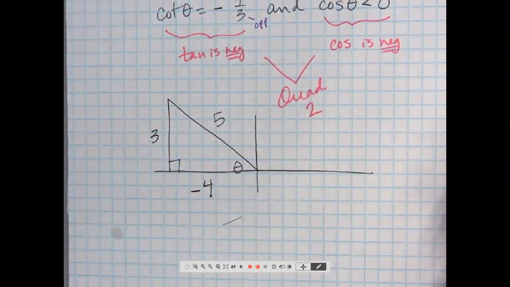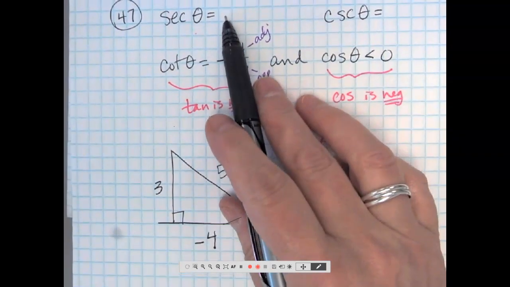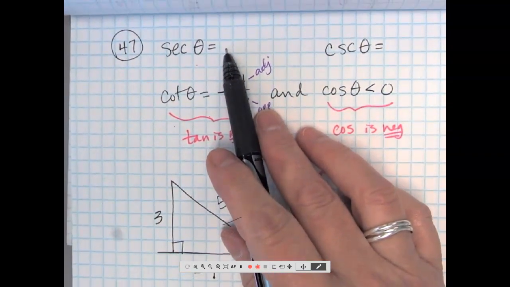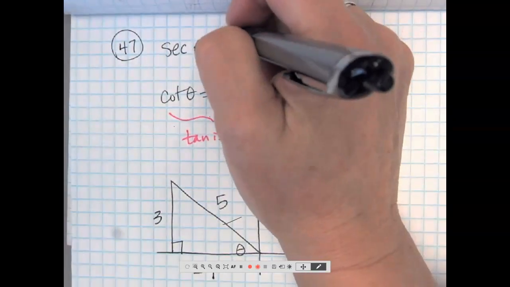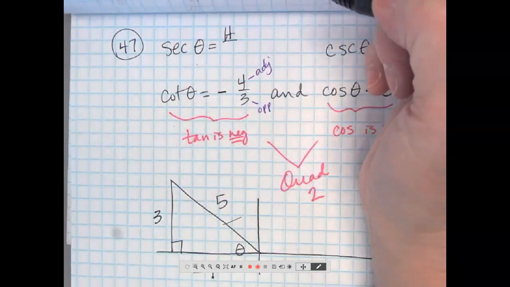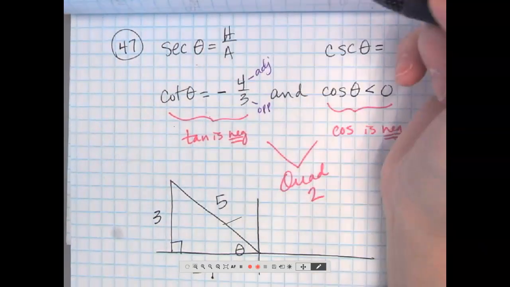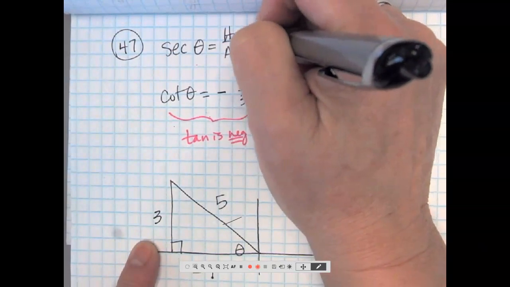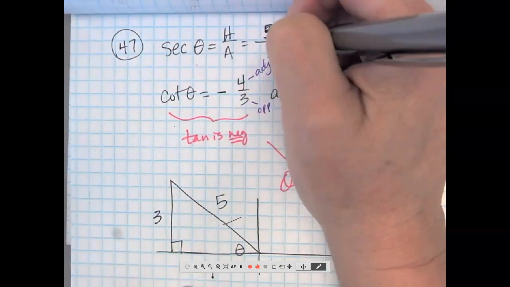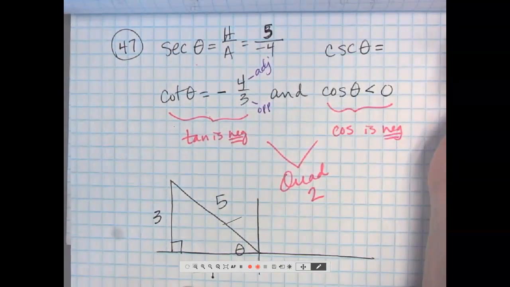3, 4, 5. Okay, now I want to find secant. Secant is whatever what? Look on your formula sheet. Hypotenuse over adjacent. Okay. Hypotenuse is 5. Adjacent is -4.